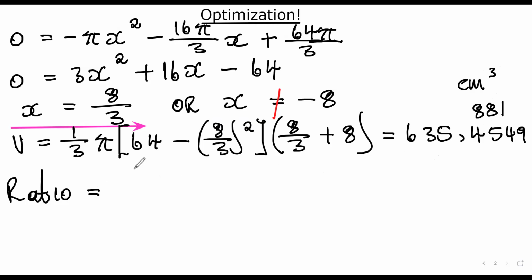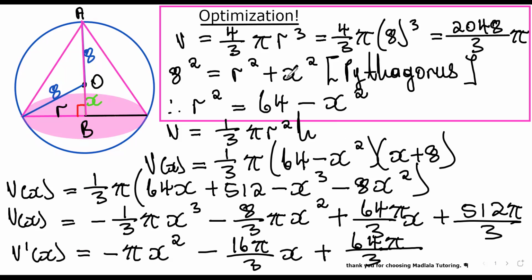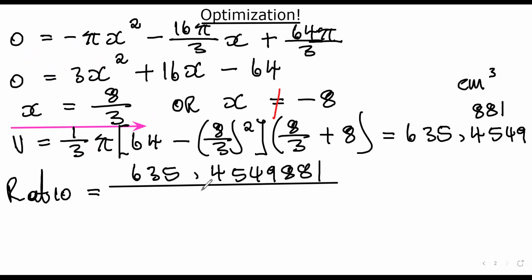And now I need to take this volume of the cone and divide this by the volume of the sphere, which I found initially as 2048 pi over 3. Well, I'll just write it here, 2048 pi over 3.